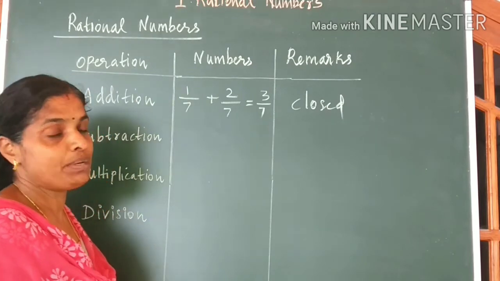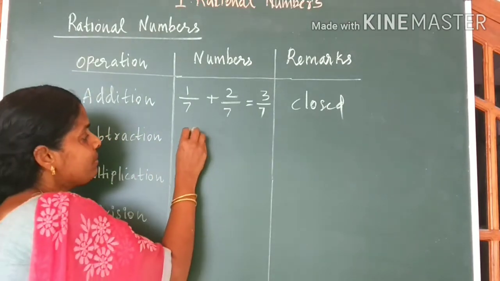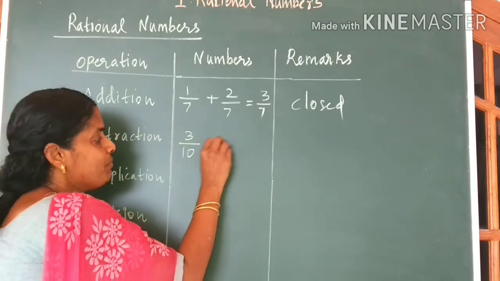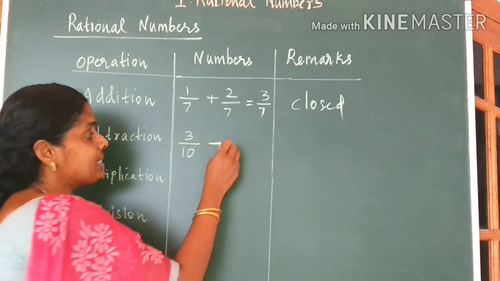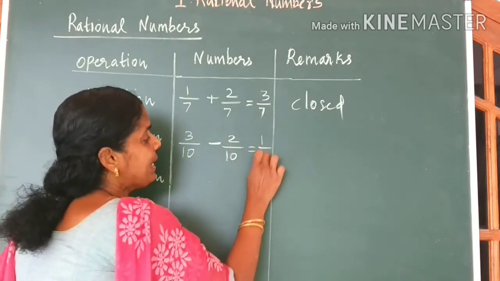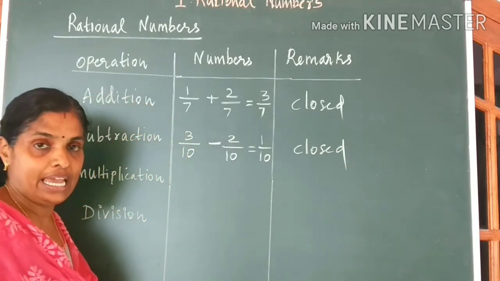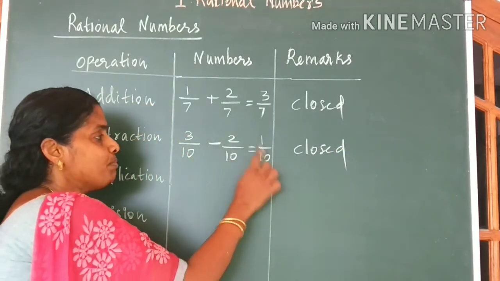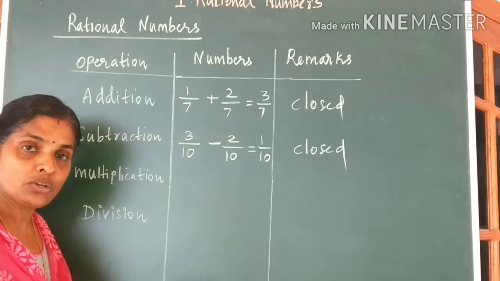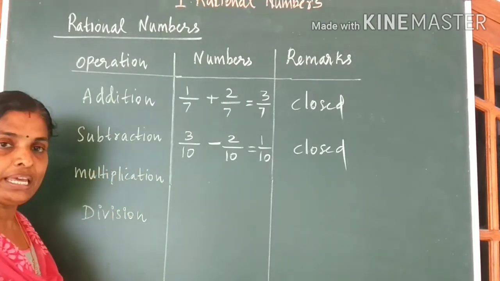Let us come to subtraction. Let us subtract two like fractions. Let me take 3 by 10, from which I am going to subtract 2 by 10. What is my answer? 1 by 10. So we can say for any two rational numbers A and B, A minus B is also a rational number, so it is closed under subtraction too. What about multiplication?